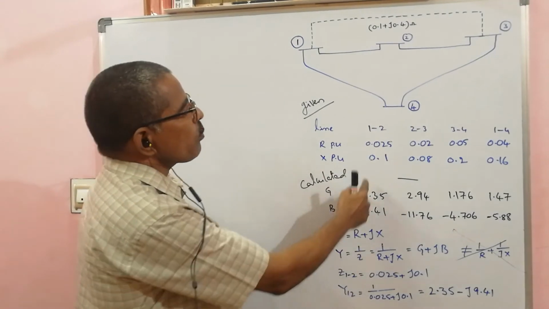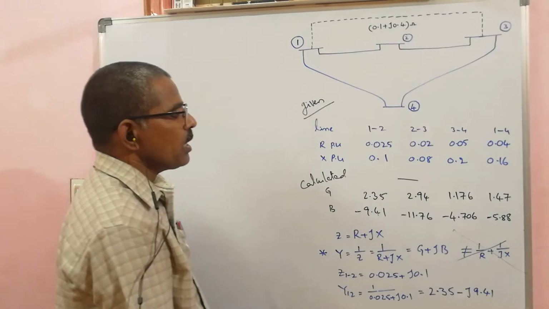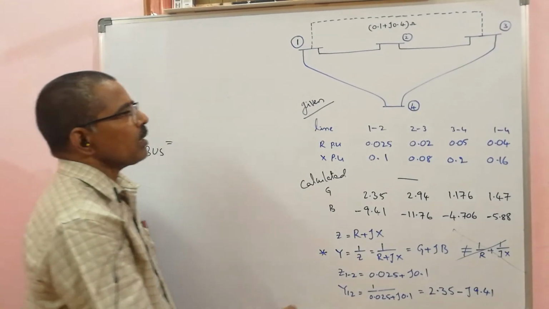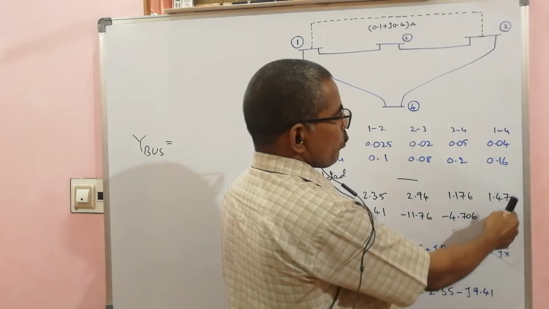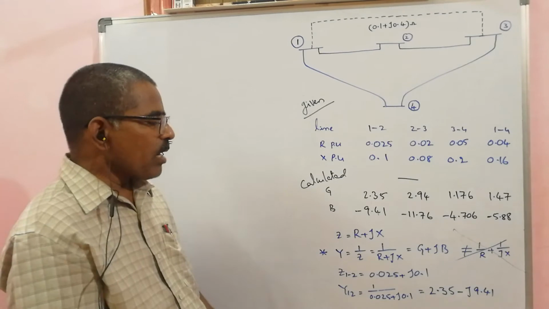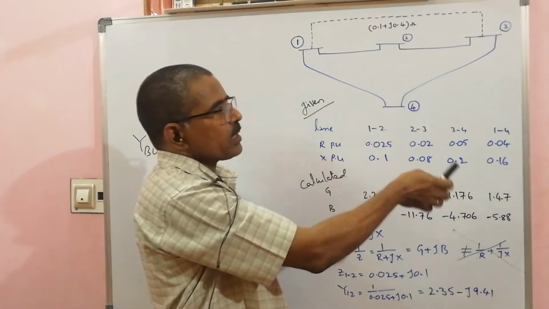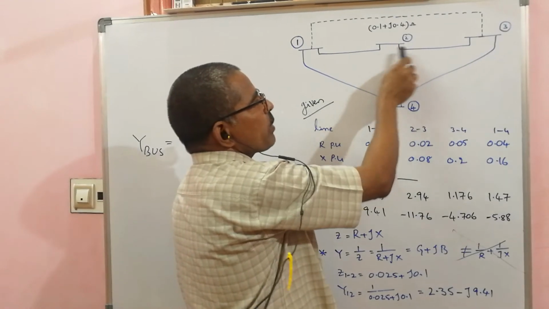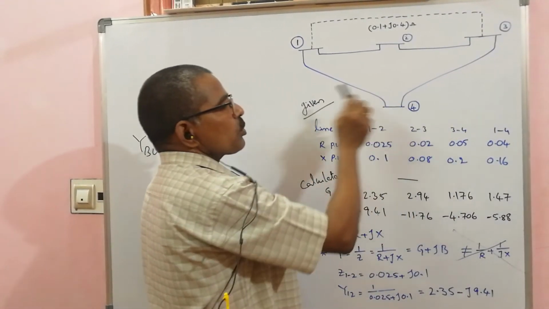The admittance of 1 2 is 2.35 minus j 9.41, and 1 4 is 1.47 minus j 5.88. If you add up, you get Y11. Similarly, Y22 is the summation of these two admittances, Y33 is these two, Y44 these two.